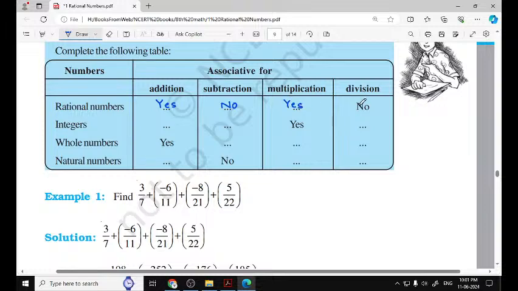Multiplication is associative and division is not associative. For integers, the results are the same. Addition and multiplication are associative, and subtraction and division are not associative. For natural numbers, addition is associative and multiplication is associative, and subtraction and division are not associative.